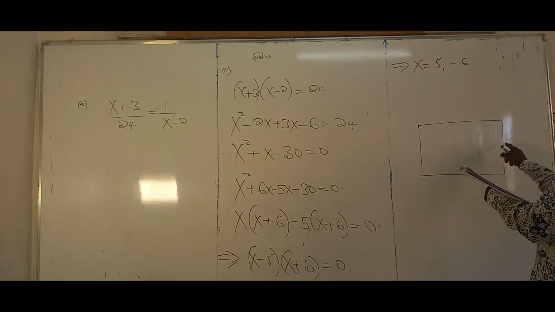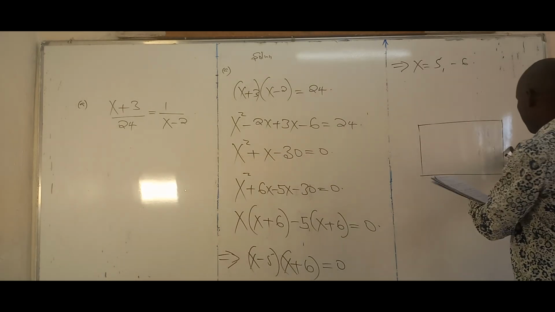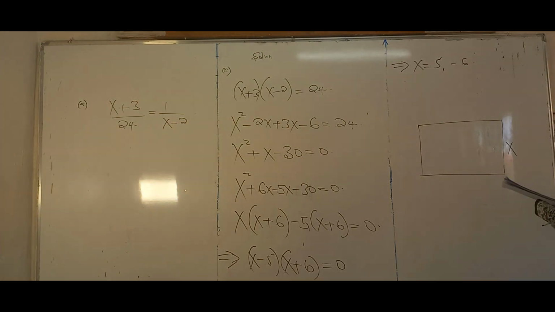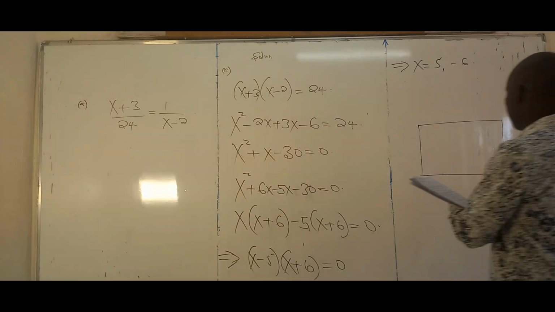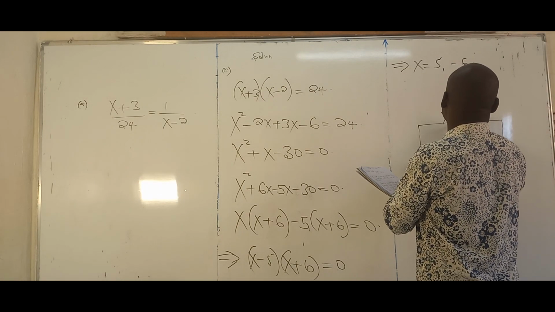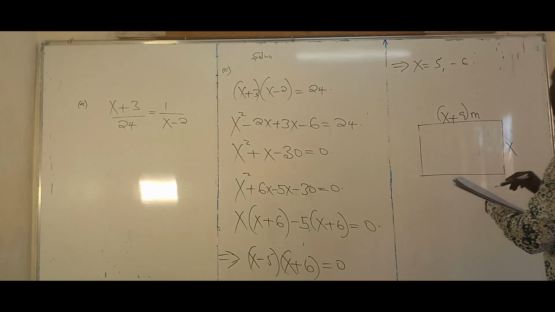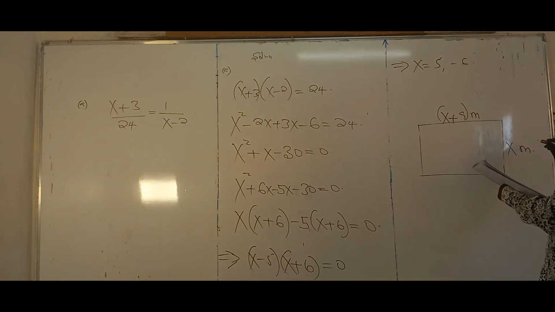So this is length, this is width. So if we take width to be x, then length is going to be x plus 9. So in other words, what I have is x plus 9 meters, and this is x meters.